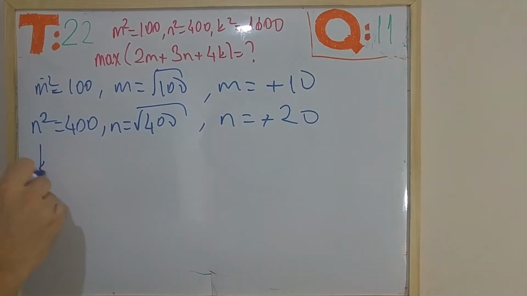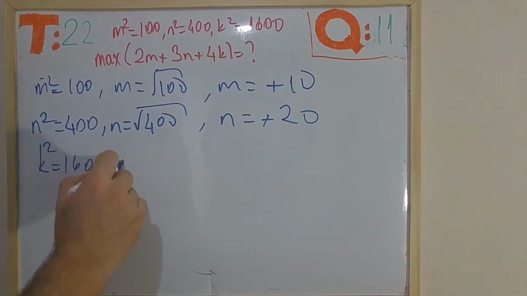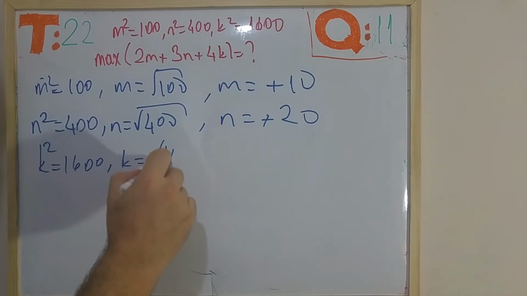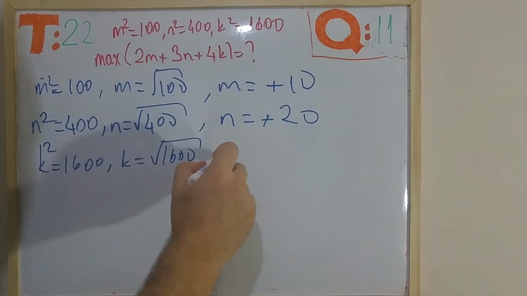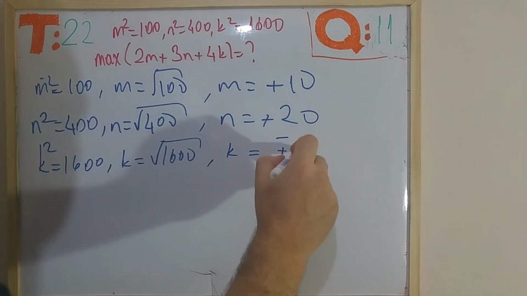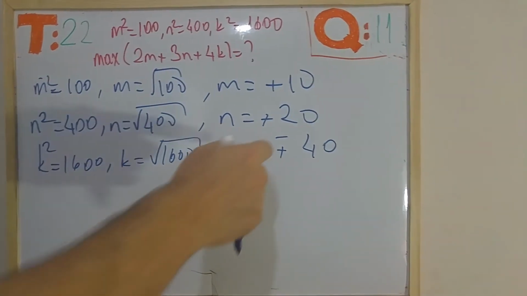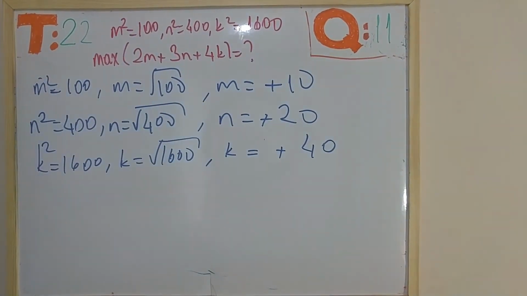And I'm left with k squared only, which is equal to 1600, and I take square root of that 1600, which gives me k value of plus or minus 40, and I don't care about that negative value again.